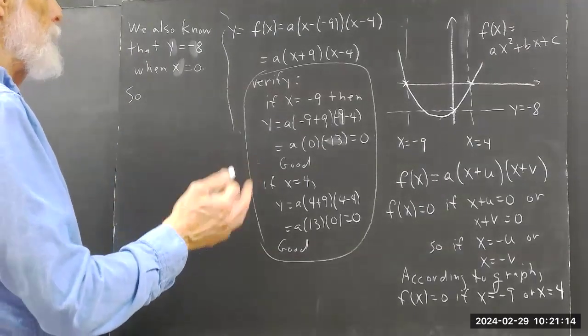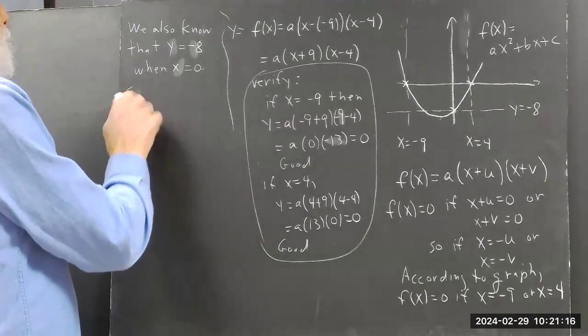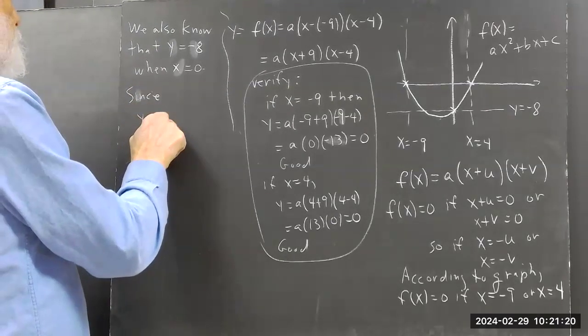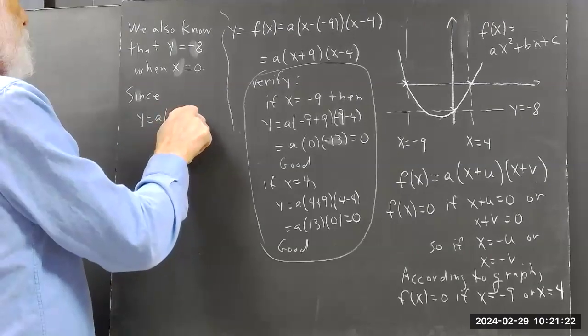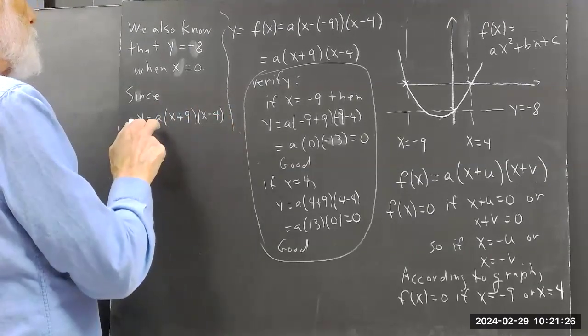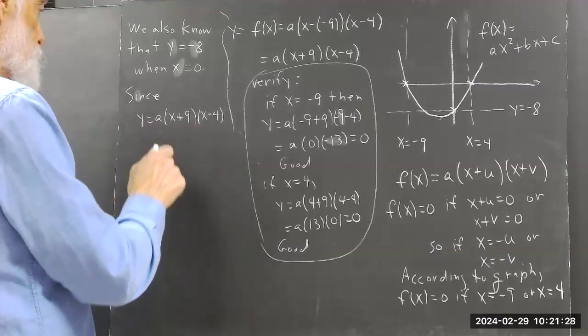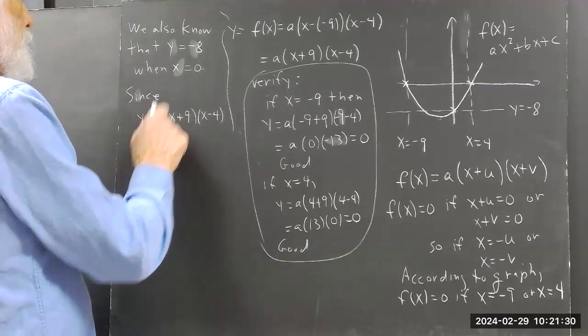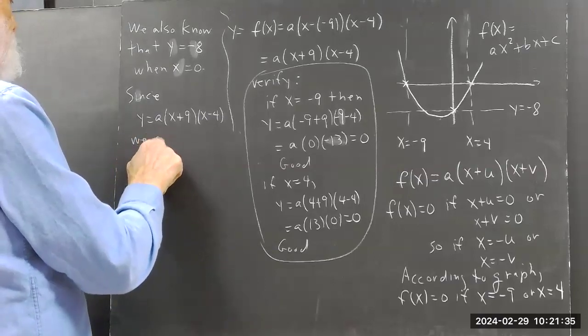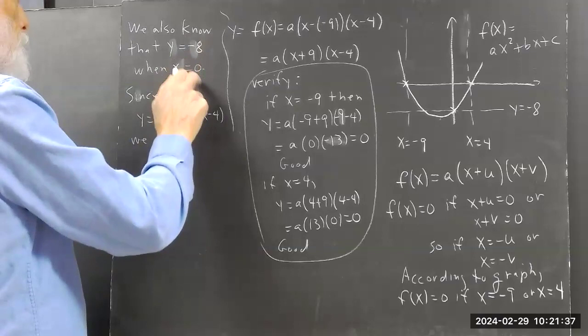So what? Well, this is y equals a times x plus 9 times x minus 4. This tells us we get -8 and 0.